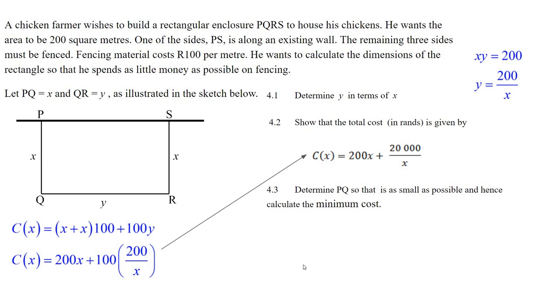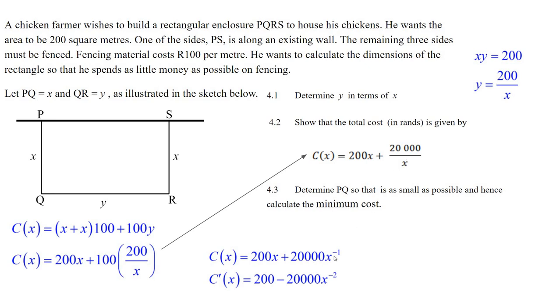Now, the last part. We want to find the minimum cost. Well, how do we use calculus to find a minimum cost? Well, there's our function. We've just got to put it in the right form, find the derivative, make it equal 0, and solve for X. So let's do the first part. There's 200X plus 20,000.